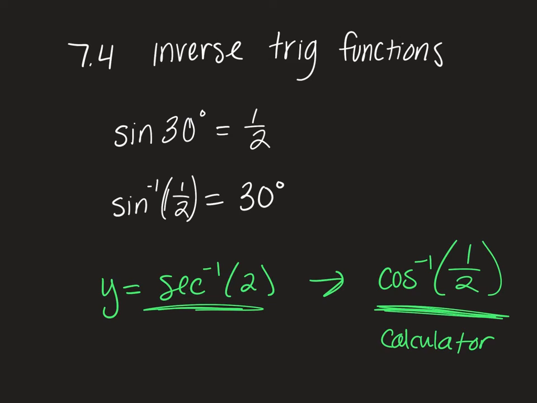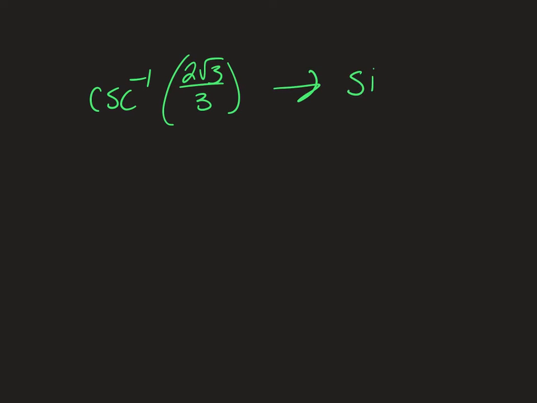If you look at number 15, we have cosecant -1 of 2 square root of 3 over 3. To put that one in the calculator, you're going to use the opposite of cosecant, which is sine -1, and then you're going to flip your fraction.